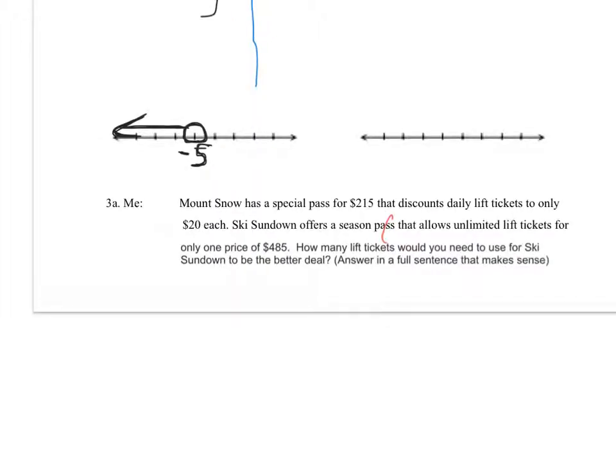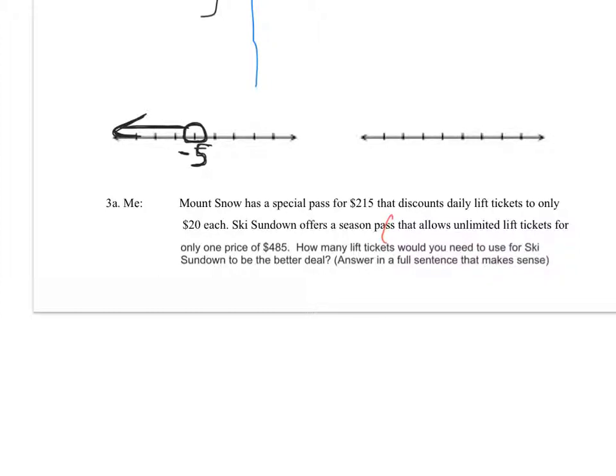Okay, so Mount Snow has a special pass for $215 that discounts daily lift tickets for only $20 each. Ski Sundown offers a season pass that allows unlimited lift tickets for only one price of $485. How many lift tickets would you need to use for Ski Sundown to be the better deal?